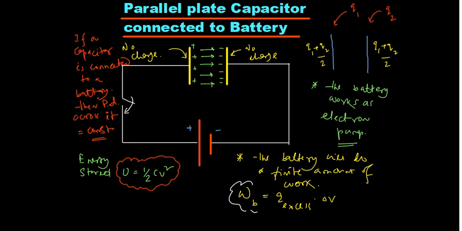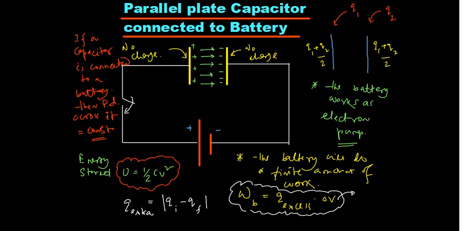WB is equal to Q excess into delta V. What is Q excess? That is the extra charge supplied by the battery. How will you get it? Q extra is the difference Qi minus Qf. The mod value of it is Q extra into delta V. And what is delta V over here? Delta V is basically the EMF of the battery.